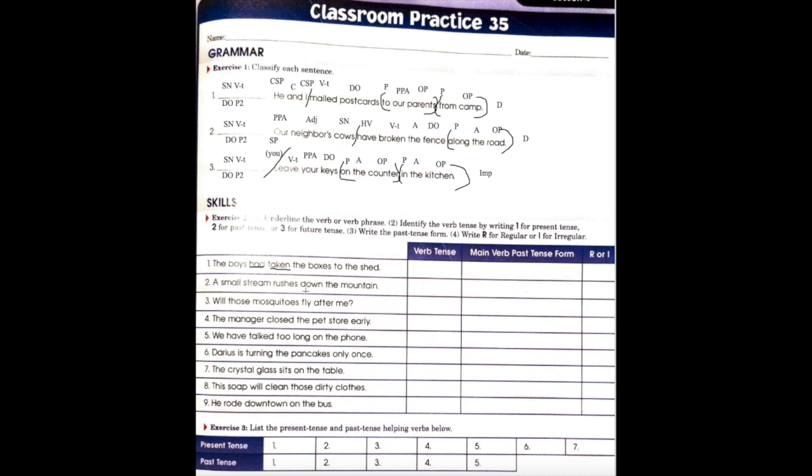Step 2 is identify the verb tense. If we're identifying verb tense, we always have to look at the helping verb if there is a helping verb, and there is here. The helping verb is had. Had is past tense. So we're going to write a number 2 here. And then it wants us to identify the main verb past tense form. The main verb is taken.